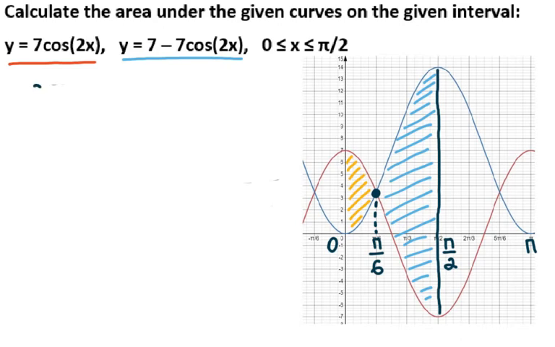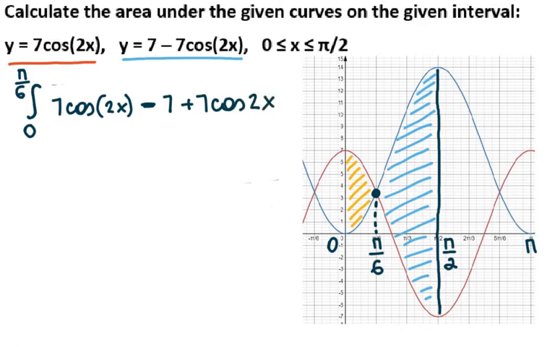So I'm going to have the integral between 0 and pi over 6 of 7 cosine 2x minus the second function. So I will have 7, and then minus negative 7, which gives me positive 7 cosine 2x dx. So this is for the yellow area.